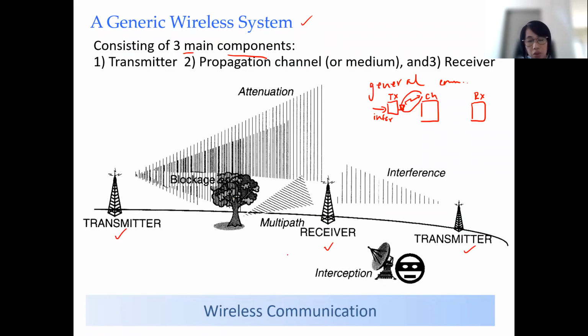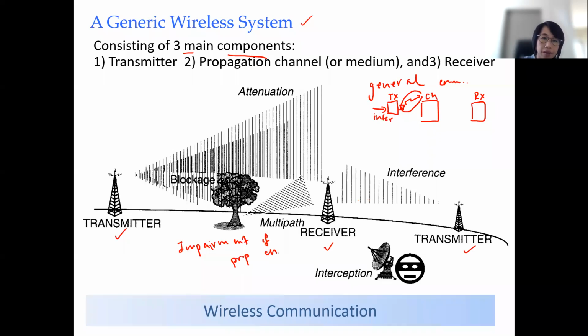This slide shows what we call impairments of the propagation channel. As I mentioned, by using modern modules for IoT applications, most of the technology uses a wireless protocol.